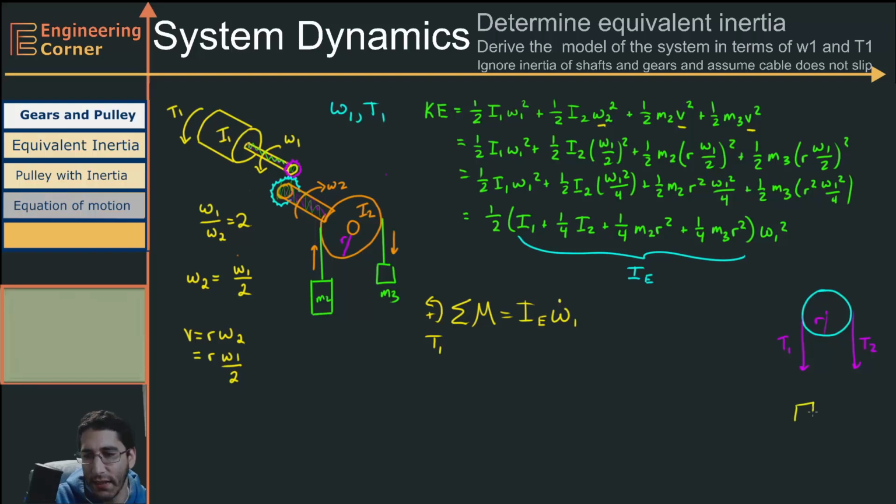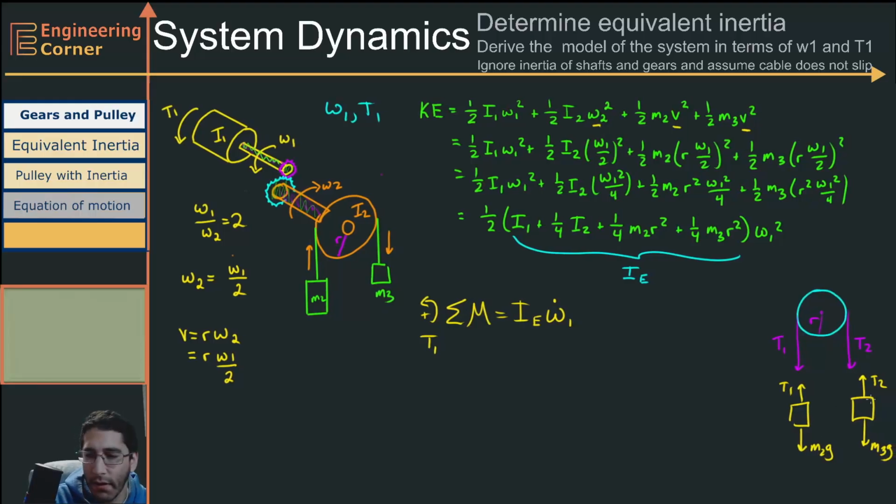So this side is going to have T1, and going down is going to be M2G. On this other side is going to be T2, and going down is going to be M3G. So we know that tension 1 is going to be equal to M2G, and tension 2 is going to be equal to M3G, just from summing our forces in the Y.